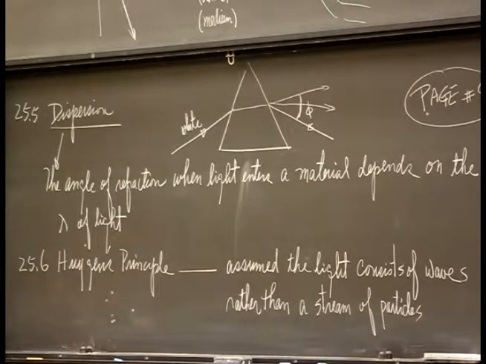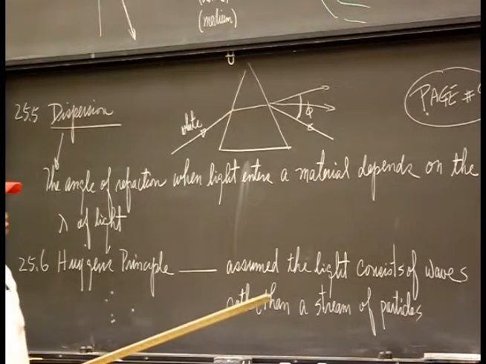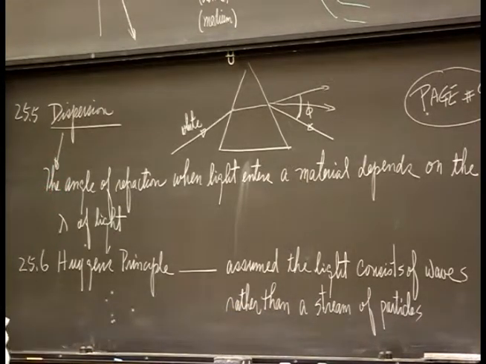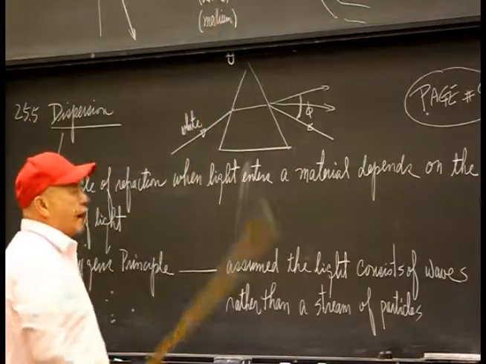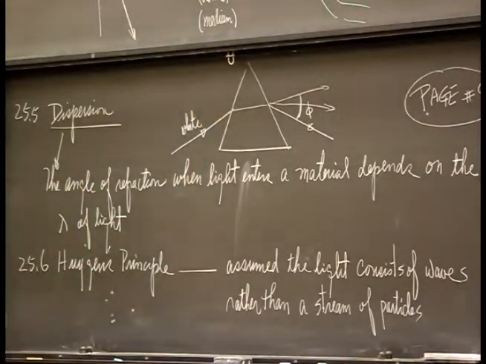In section 25.6, Huygens' principle, he assumed light consists of waves rather than a stream of particles. Based on light traveling as a wave, he deduced the relationship sine theta 1 times n1 equals n2 times sine theta 2, Snell's law.